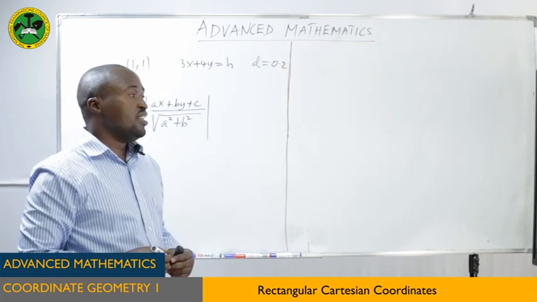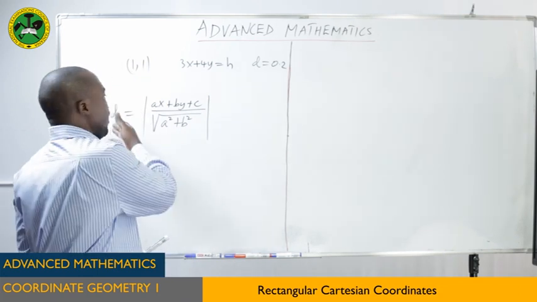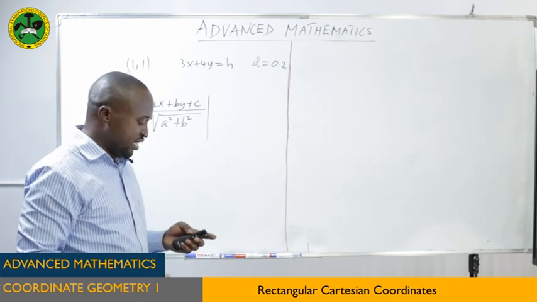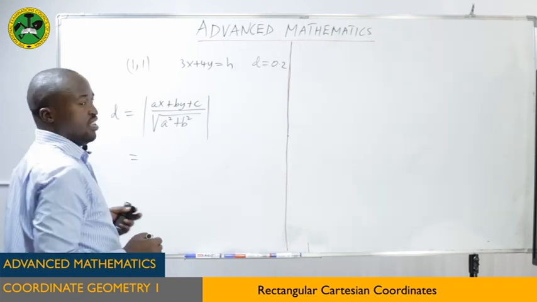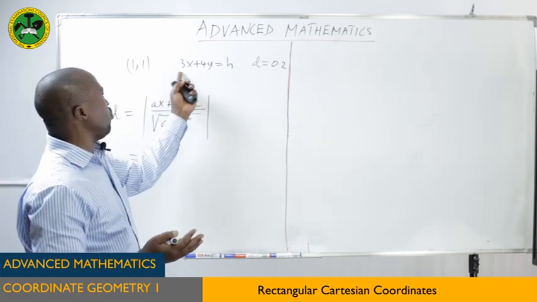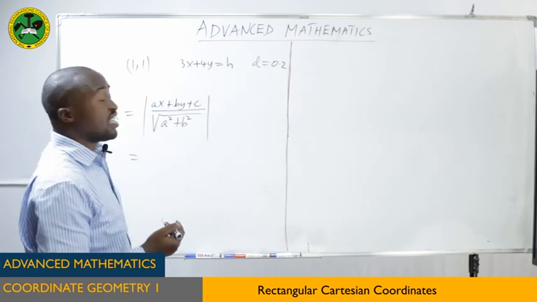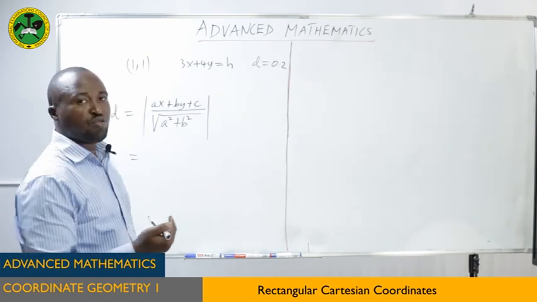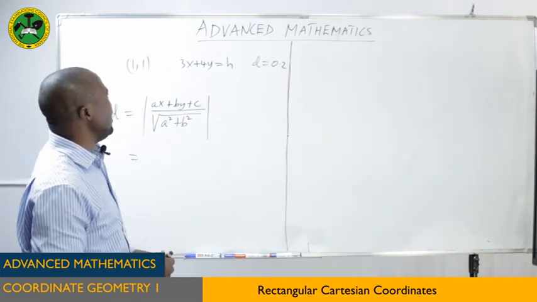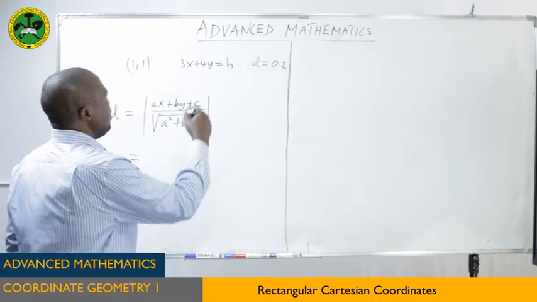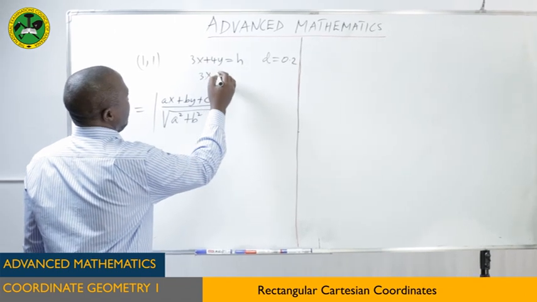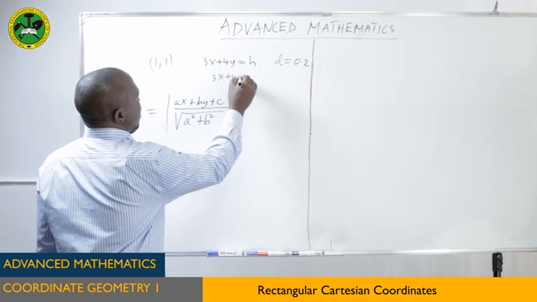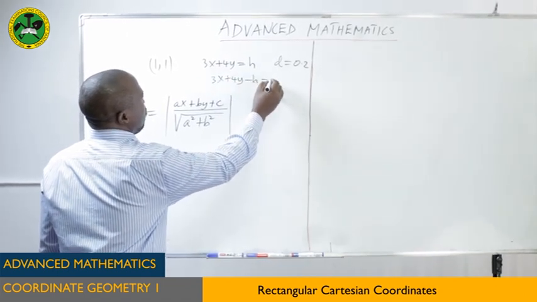So again, we use our general formula for finding the perpendicular distance. Our equation is 3x plus 4y is equal to h, so let us rearrange it as 3x plus 4y minus h is equal to 0.